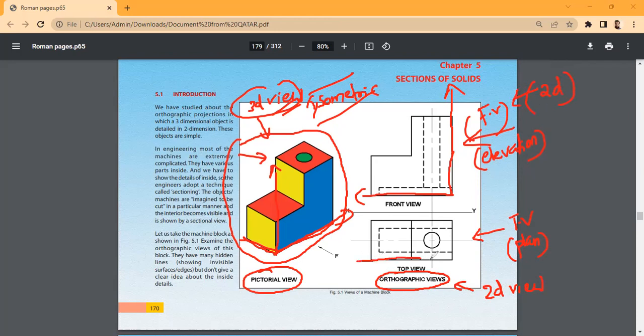Similarly, for the top view also, check how many dimensions are there. Two dimensions, right? So it is known as 2D view. So orthographic view is also known as 2D view. Isometric view is known as 3D view. Is that clear? Isometric versus orthographic, clear? Yes, sir. Okay.